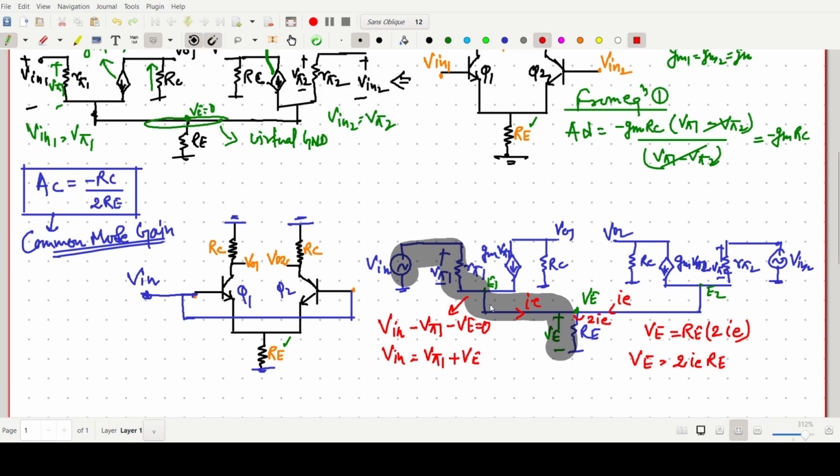So IE value means this one is current. So this current and this current will be IE. So one can write IE equals GM V pi, this current, plus V pi by R pi 1, this current. Okay, simple. We have to focus on this part only.